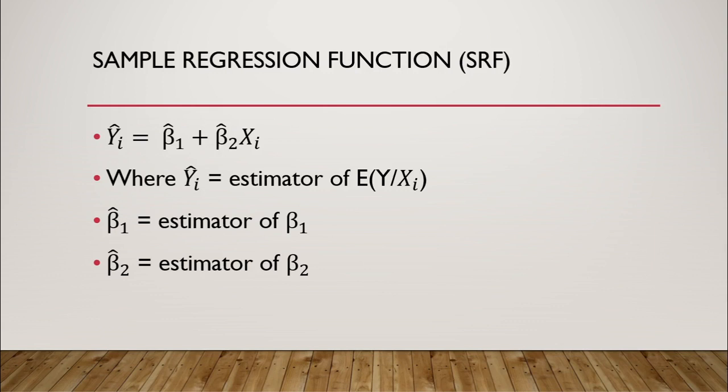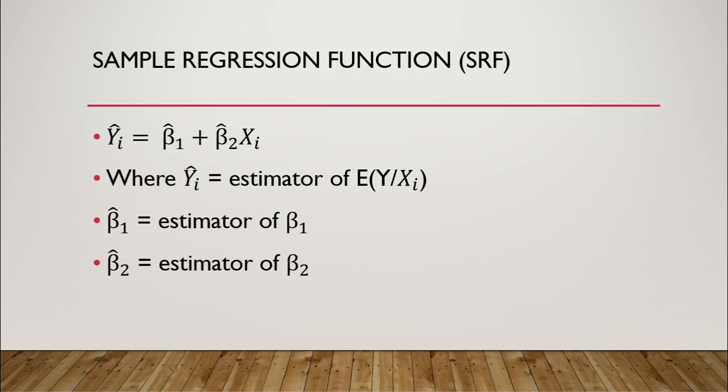Yi hat is an estimator of the expected value of y for a given value of xi. We have examined the expected value of y for a given value of xi in the case of the population regression function. This is a conditional expectation.